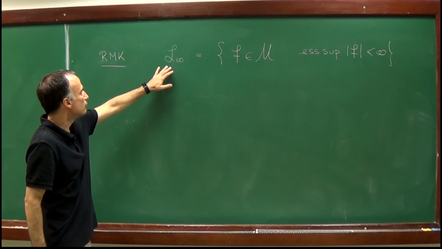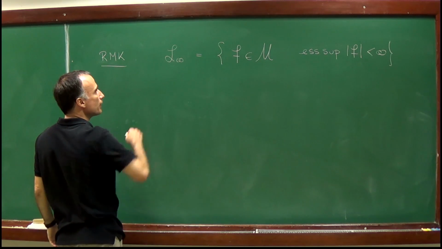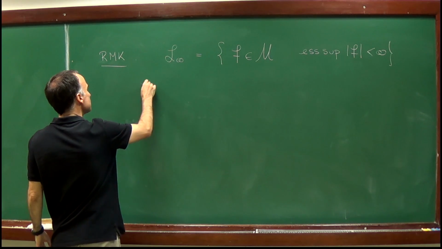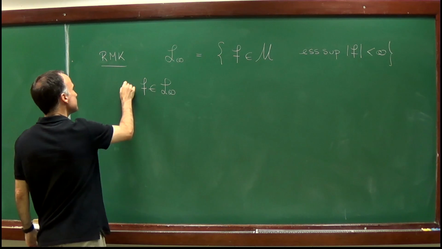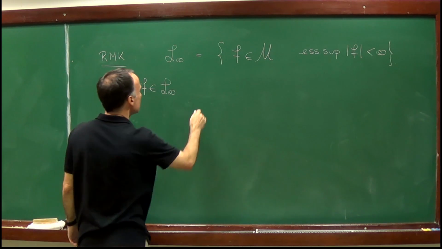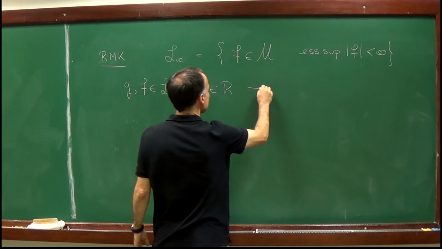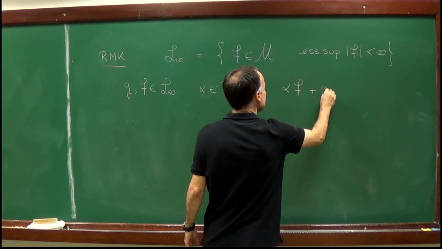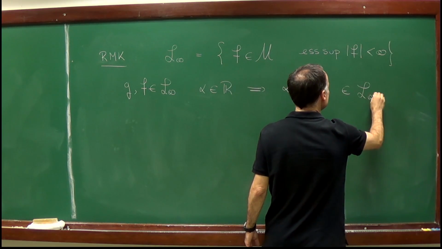And the remark is that this space L infinity is linear, and I leave it to you to check that. Linear in the sense that if I take a function f in L infinity and another function g in L infinity, and a number alpha in R, then alpha f plus g is an element of L infinity.